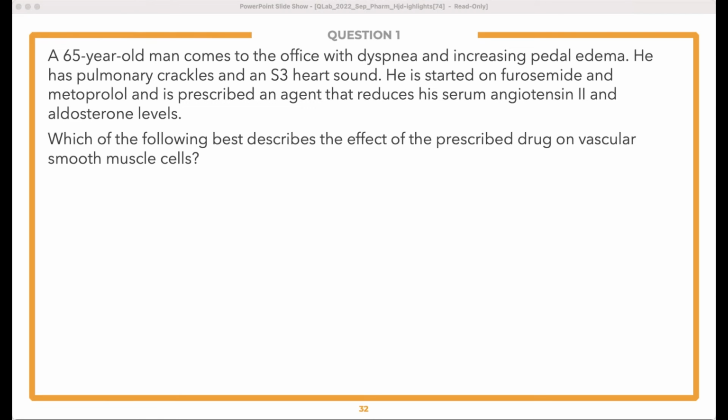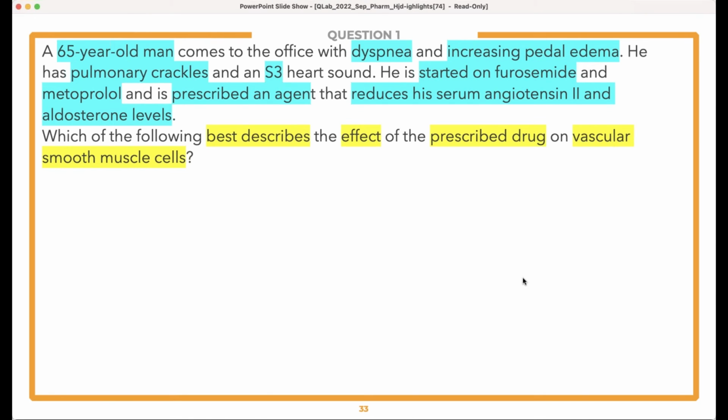Thank you, Jeff. So, this is our 4th time doing this where we're showing you what we think are the important clues in these questions. Hopefully you're starting to get a sense of what the important clues are in both the vignette and the lead-in that can help get you to the answer on these pharmacology questions. We've got a 65-year-old male with dyspnea and pedal edema, so a little bit more of a cardiac question.